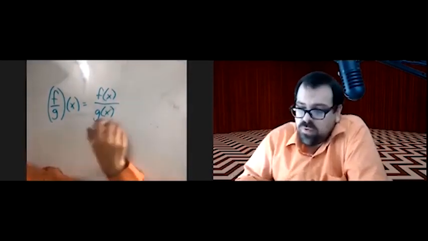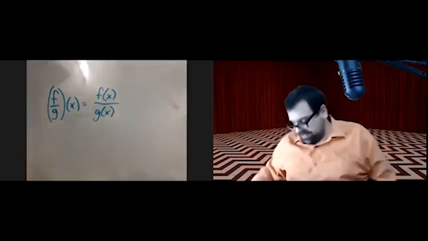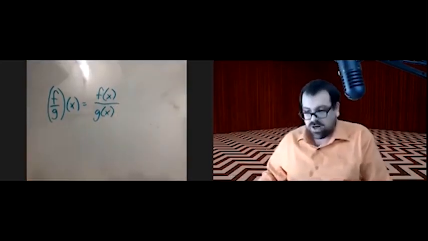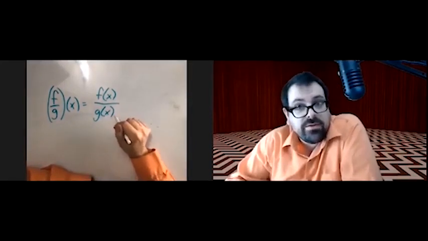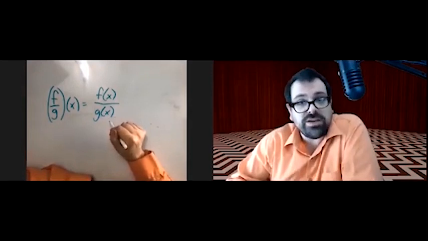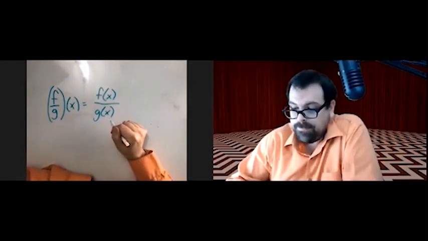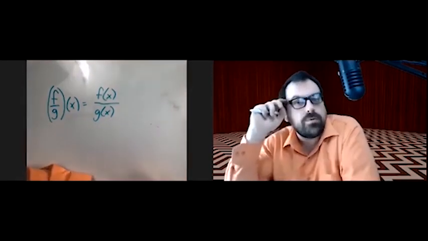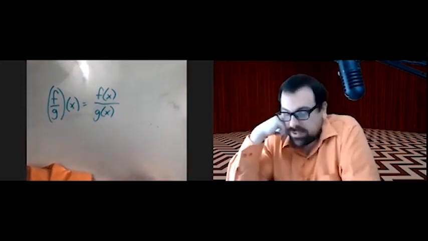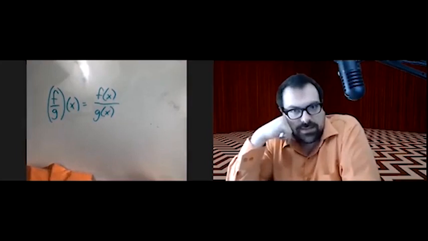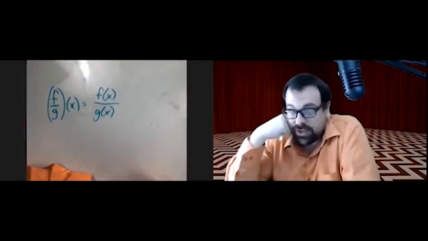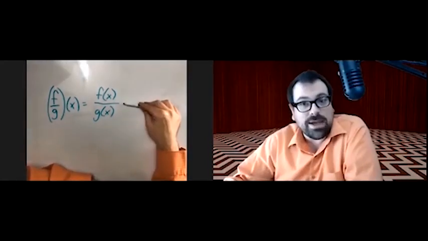Now, when we say f of x divided by g of x, we are making a big assumption about g of x. I'm going to see if you can get there before I actually say it out loud, but I'm going to start hinting around it. G of x is on the bottom of a fraction. We're dividing by g.